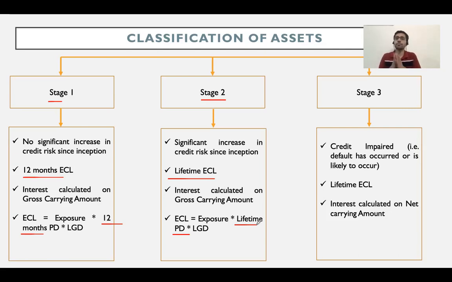Now remember, when I'm classifying the loan to Mr. X, either under stage 1 or under stage 2, I am not doubting that Mr. X will actually default. I still believe that Mr. X will actually repay money to me on time. Remember, just because his credit risk has increased, it does not necessarily mean that he is going to default.